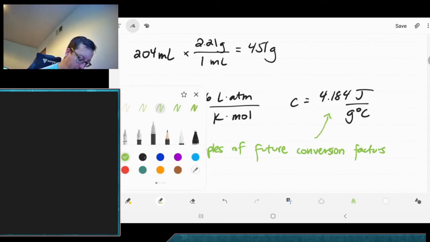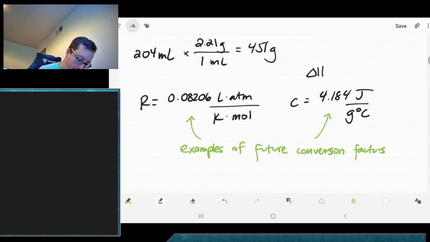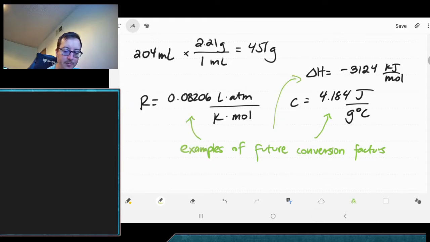Or, another one, negative 3,200 kilojoules per mole. These are all common conversion factors that we're going to see. So I'm just throwing out numbers for some of these, but we're going to see these all the time. And so if you really want, again, you can use formulas, or you can use them as conversion factors. So cool. Okay.